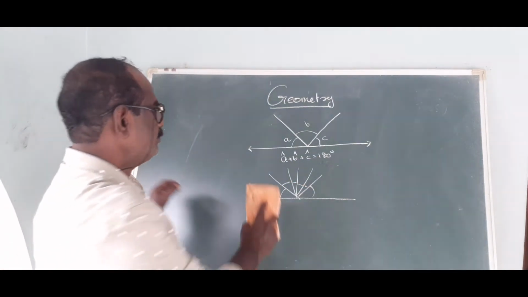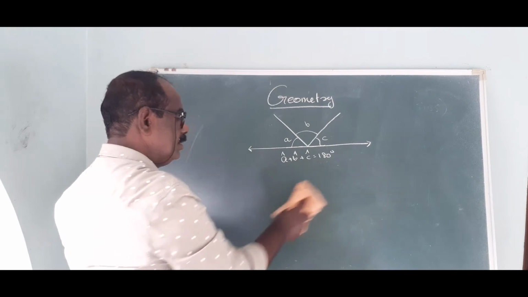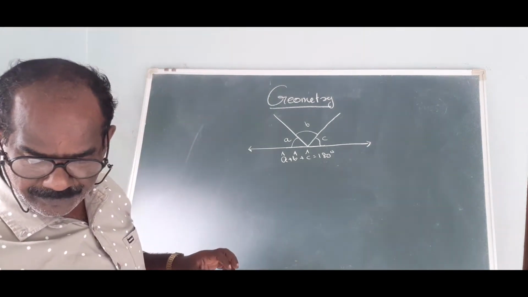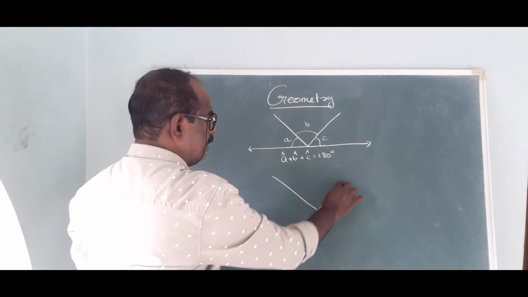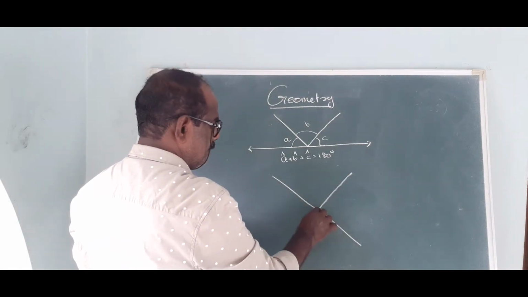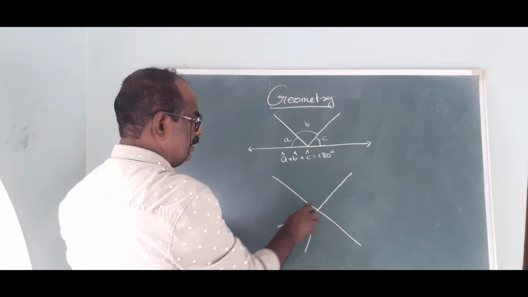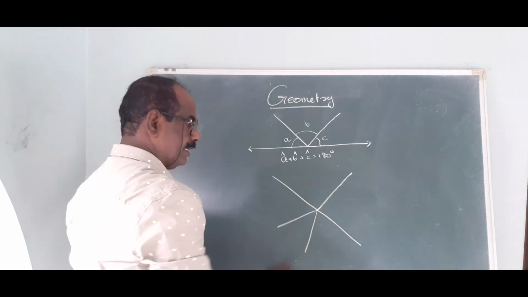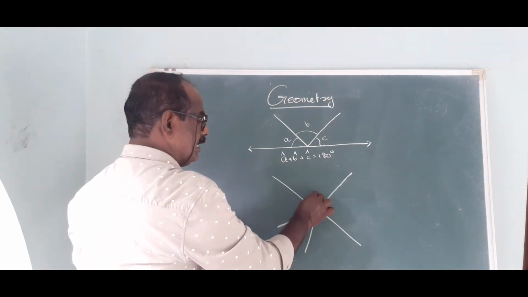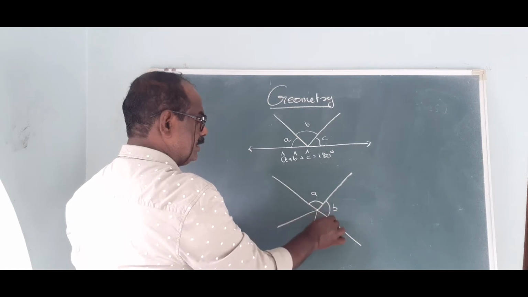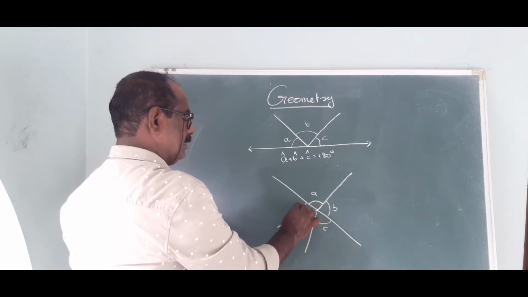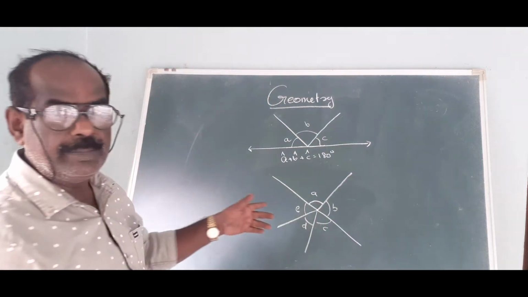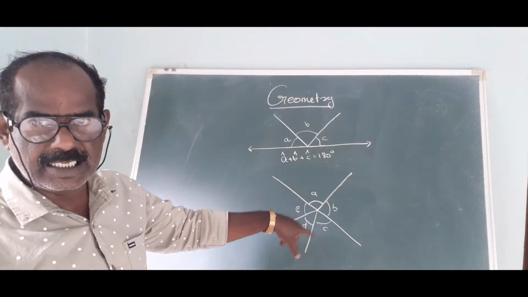Next property. If you have lines like this, angles like this, around a fixed point, this is angle A, this is angle B, this is angle C, this is angle D, this is angle E. It became a circle, just like a circle.